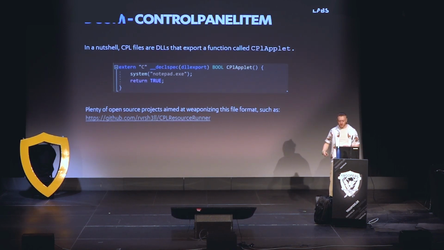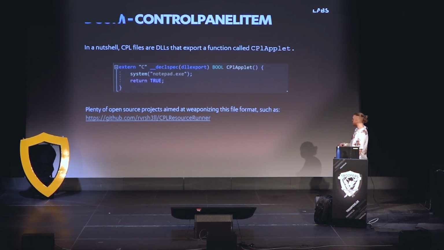They've been abused a lot in red teamings, and so there are some public repos with some abuse. Not the specific technique, but the abuse of CPL. The interesting property is that if you double-click a CPL file, it will actually execute as if it were an EXE, so it's pretty simple to use from a red team perspective.